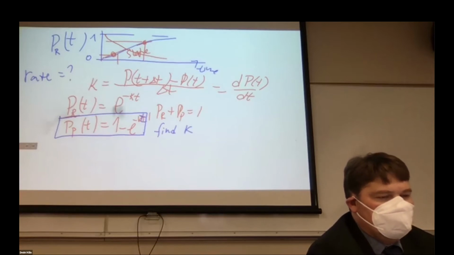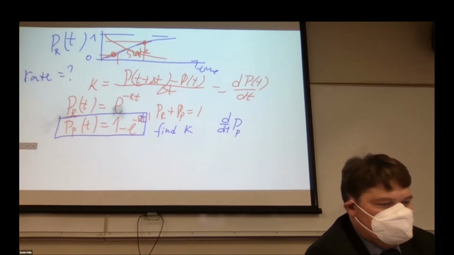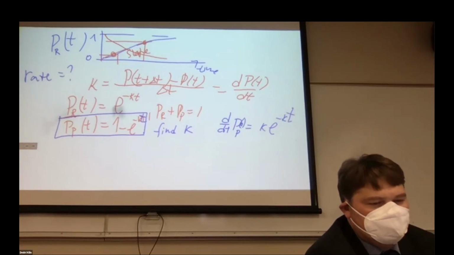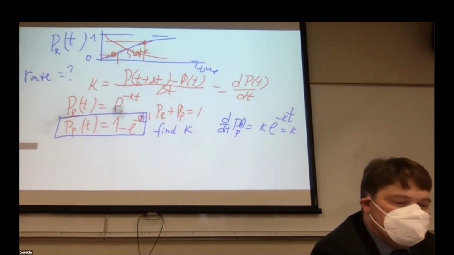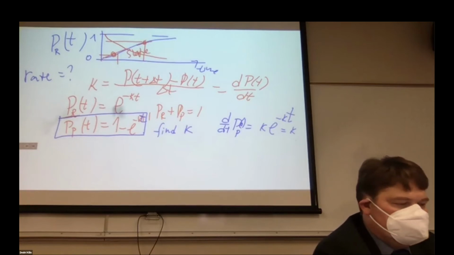So one way was to take the derivative d/dt of the population of the product, which will be k times e to the minus k times time, and if you take it at time 0, then it will be k. Right? But it may not always work because the rate depends on time.